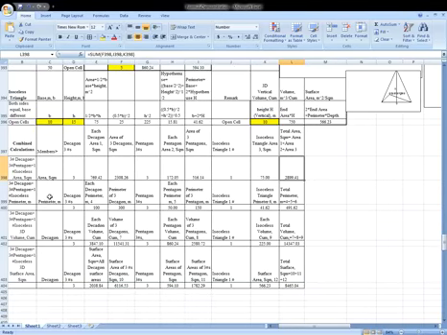Now let's talk about perimeter. Let's say 3 numbers, the column, same way as we did above.